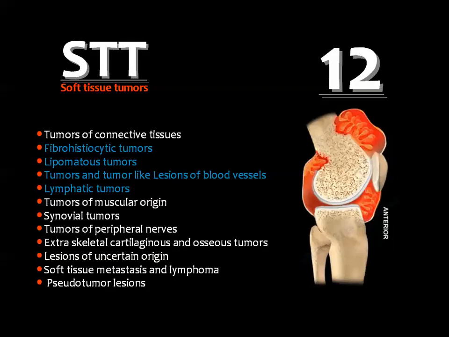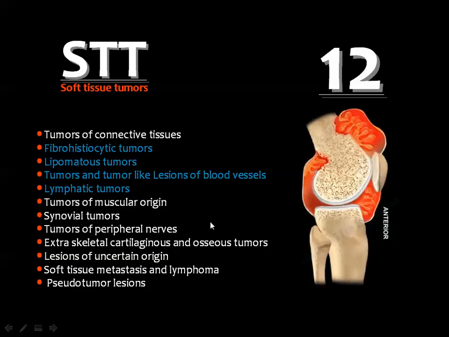Then we classified the soft tissue tumors into 12 categories, and we started with the first category, which is the tumors of the connective tissues. We have finished with this part in the first section of these talks.